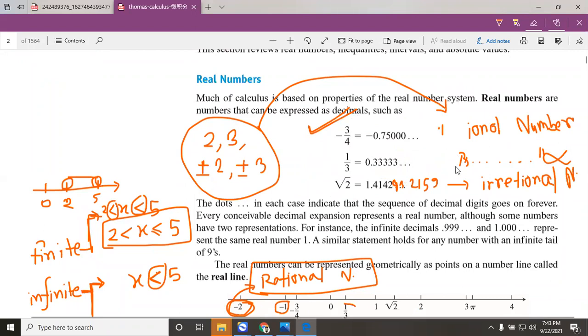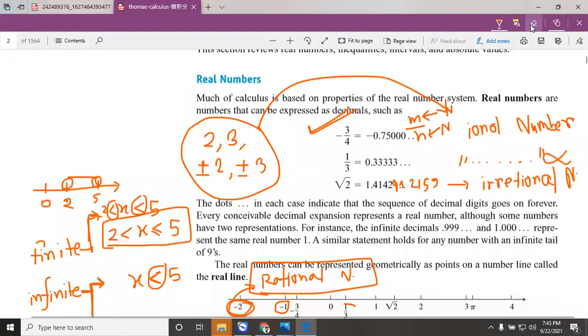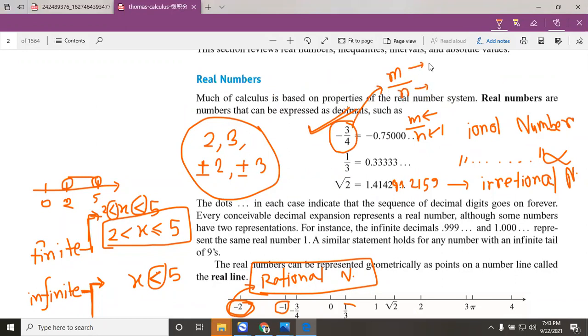Or you can think of this in another way, like if we think of it as m and n. So here m and n will be natural numbers, or m and n will be integers. Like you can see -3/4. If we think of it as m by n, m and n will be integers.